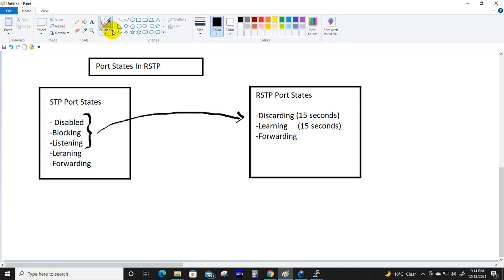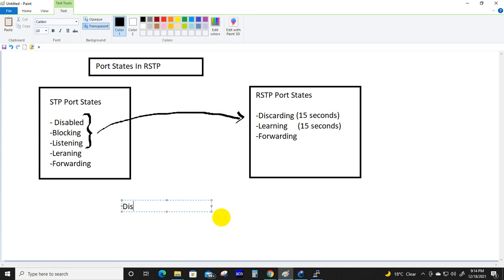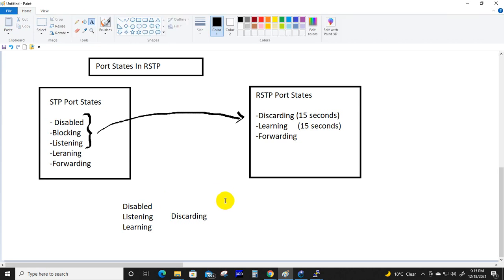That means disabled, blocking, and listening of STP are equivalent to discarding in RSTP. Clear? Yes, sir.